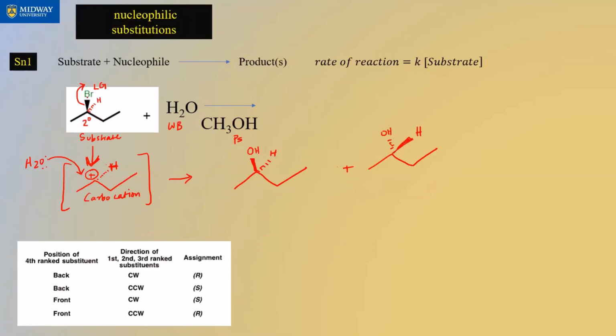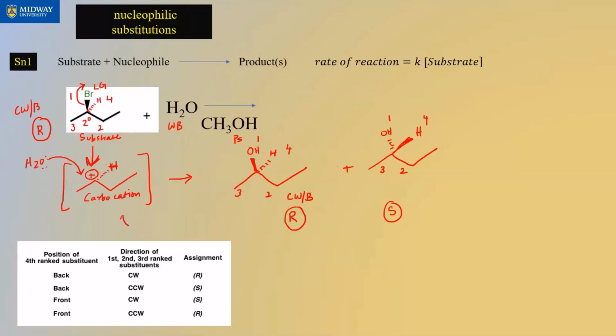Basically, the Br is replaced by an OH. Here we have 1, 4, 3, and 2, so that's clockwise and back, which is R. We started with an R, so one product will be 1, 4, 3, 2, clockwise back, which is R. And the other will be 1, 4, 3, 2, clockwise front, which will be S. So you'll have two products.